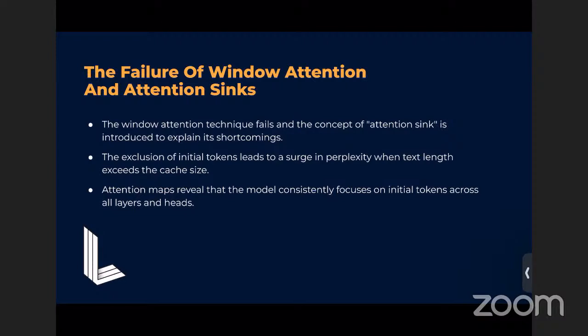This is because LLMs focus too much on the beginning of the text and ignore important information elsewhere. And this results in a surge in perplexity when excluding initial tokens, which means perplexity goes up and the model has a harder time predicting what comes next.